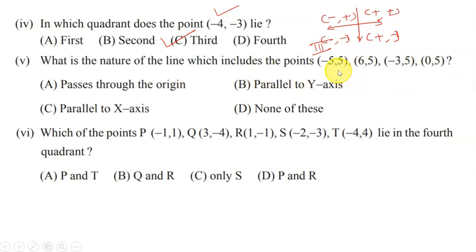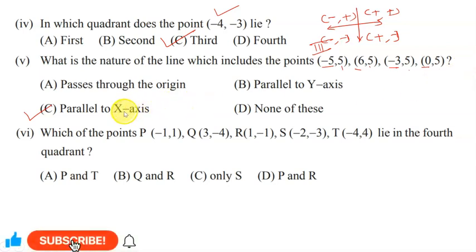Therefore the given line is parallel to x-axis, and hence option C is correct. The x coordinates change, but what about the y coordinate? Y coordinate is a constant, which is 5. Therefore the line which includes these points is parallel to x-axis.